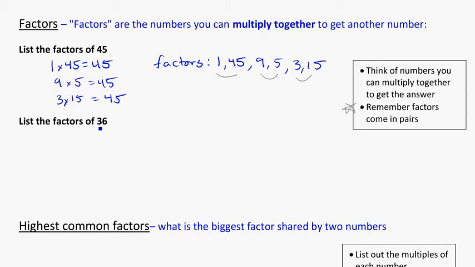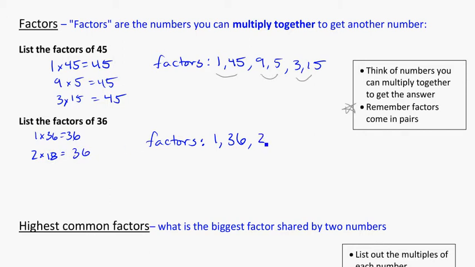So if we do another example, listing the factors of 36. Again, a really easy one is always going to be 1 and that number. So 1 times 36 gets us 36. 2 times 18 will get us 36.